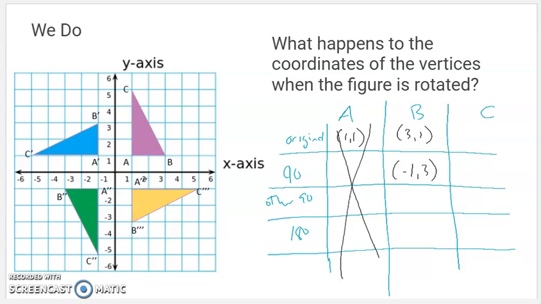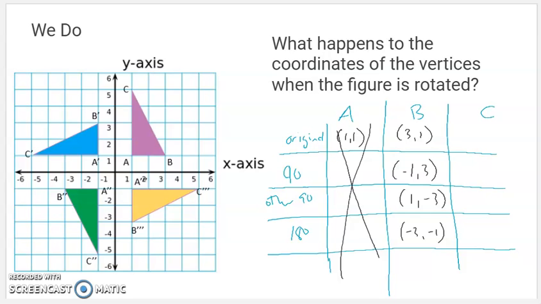When it's rotated 90 degrees the other way to the yellow, B is at 1, -3. Again, now the 3 changes signs and they flip spots. And in the green triangle, the 180-degree rotation, it is at -3, -1. So in that case, they stay, but the signs change on both.